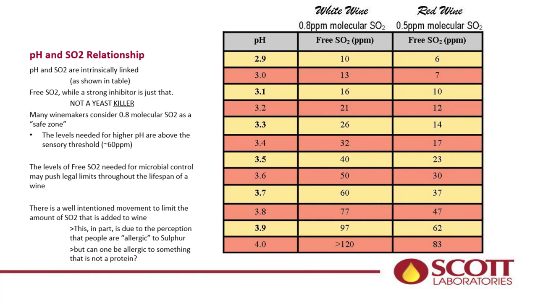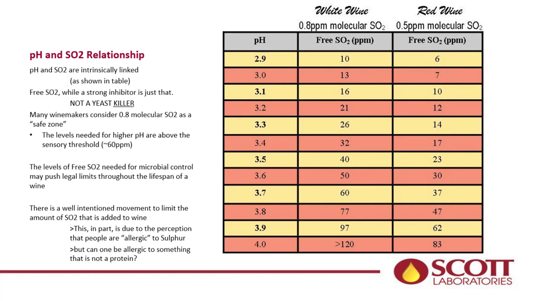So one of the things I really try to harp on is this relationship between pH and SO2. Talking with winemakers, not only in Texas and the Midwest, but also on the West Coast, there's a lot of concern about using SO2 and utilizing it as prophylactic.